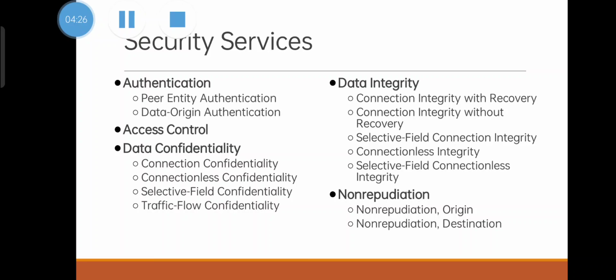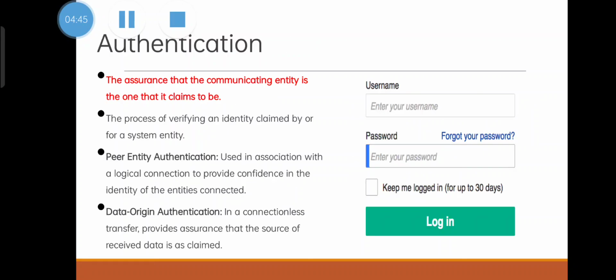It should be the same as how they sent it. Non-repudiation means the origin should not deny that the message was sent by them. Likewise, the destination should not deny receiving that message. That is non-repudiation.